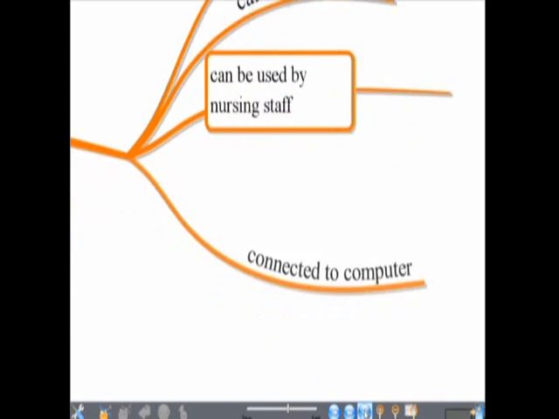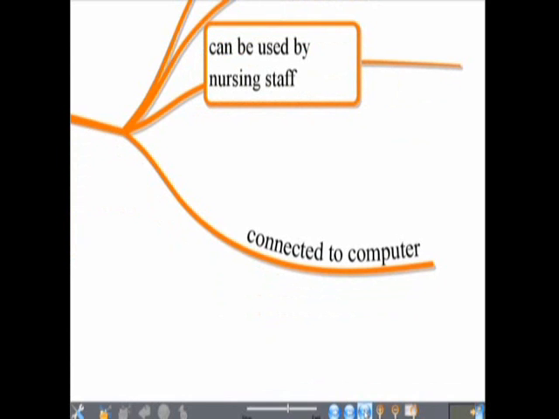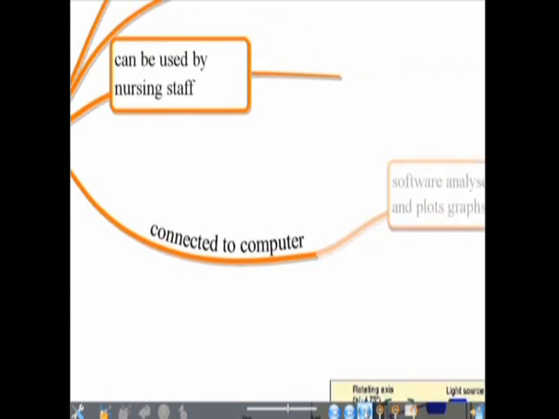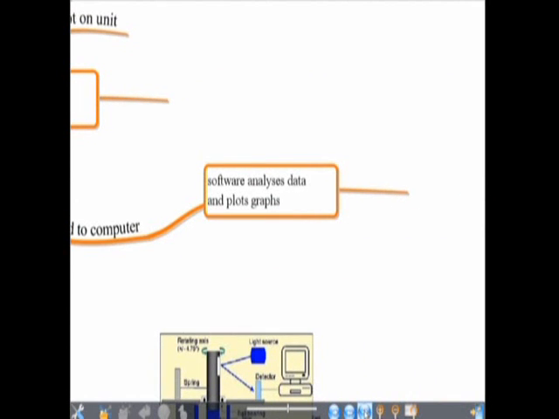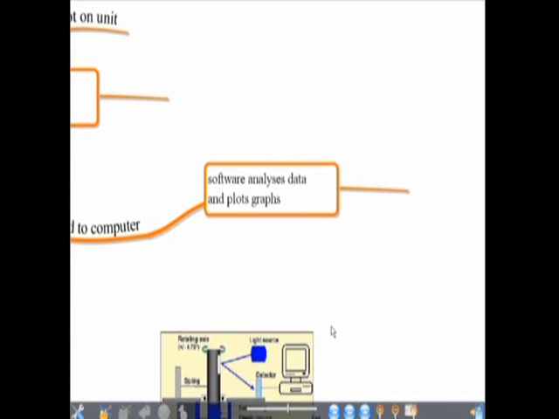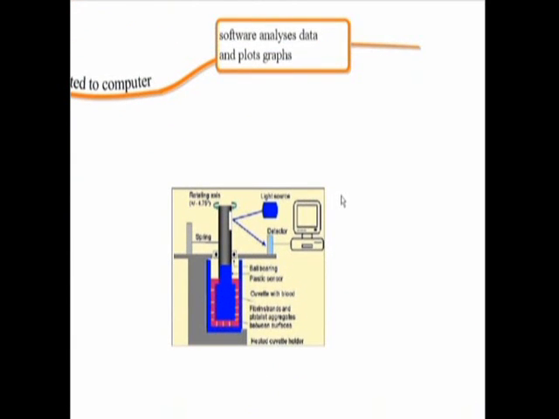It can be connected to the computer, which will have the software that goes with the machine, and the software is the one that analyzes the data and then plots the graphs. As you can see from this picture, we've got the sample there.